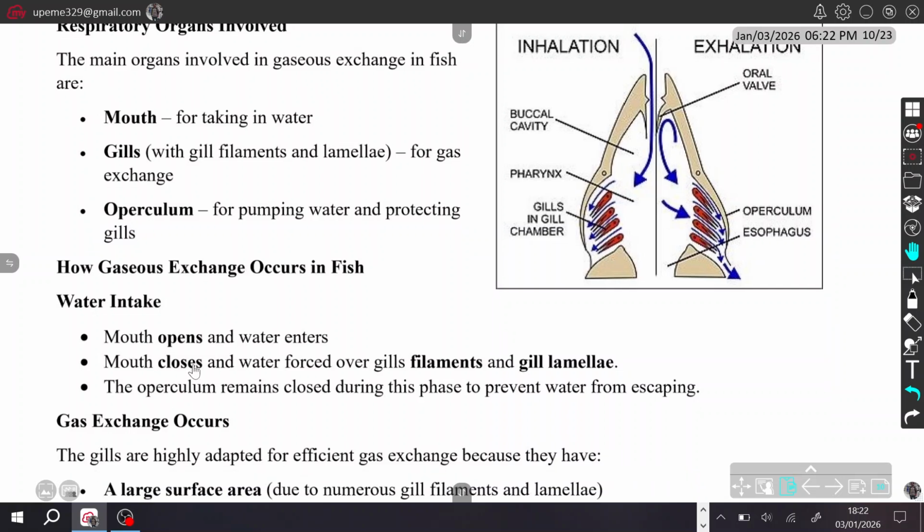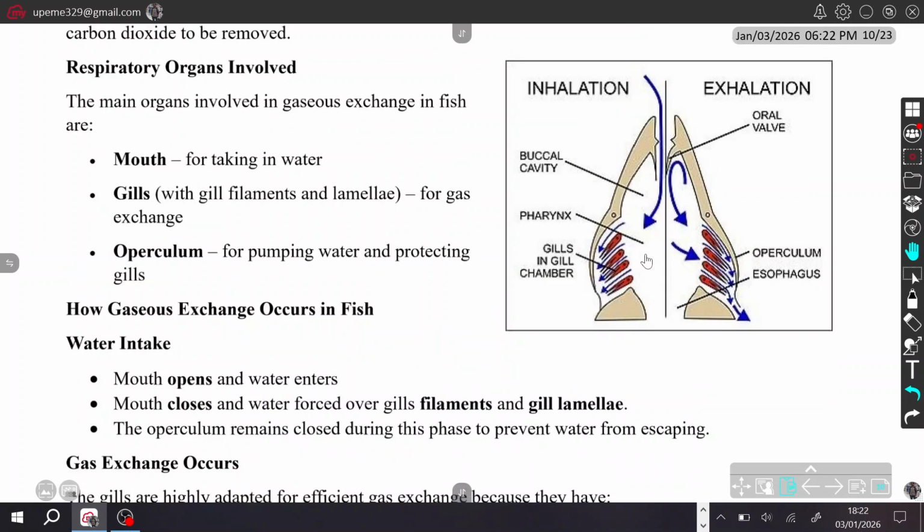Then the mouth closes and water is forced over the gills, filaments, and the gill lamella. So this is the mouth of the fish. When it opens, the water will enter inside. When the mouth closes, water gets forced over the gill filament and the lamella.